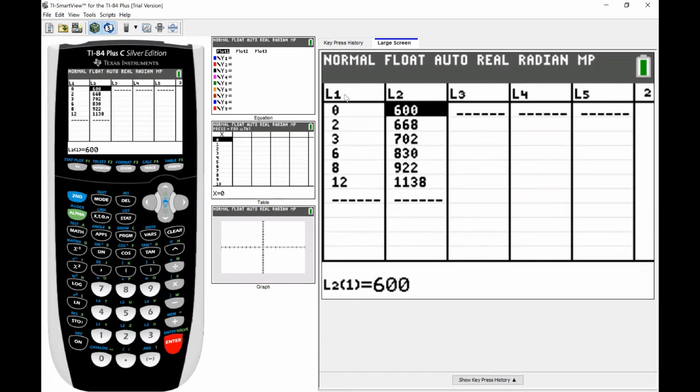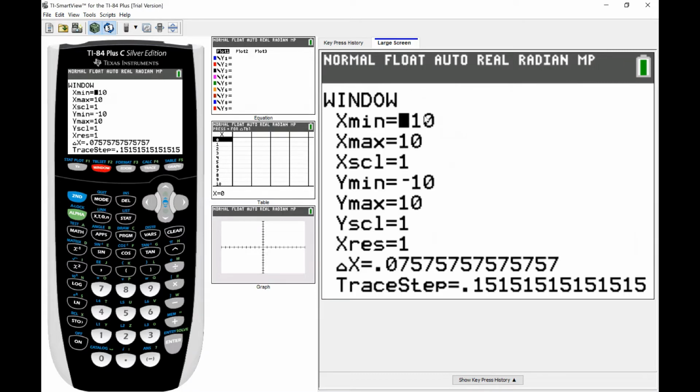Well, if you look at your data set, you can see that your X values range from 0 to 12, and your Y values range from 600 to 1,138. So I need to change some numbers in my window. I'm going to make my X minimum -2, right? The smallest X value was 0, so with an X minimum of -2, I would be able to see that value.